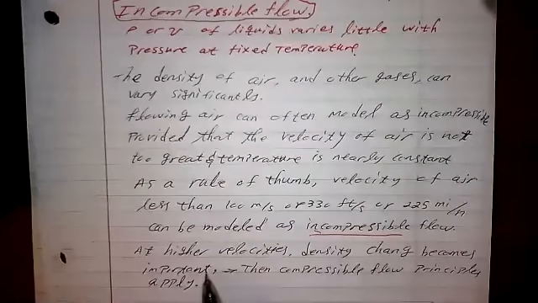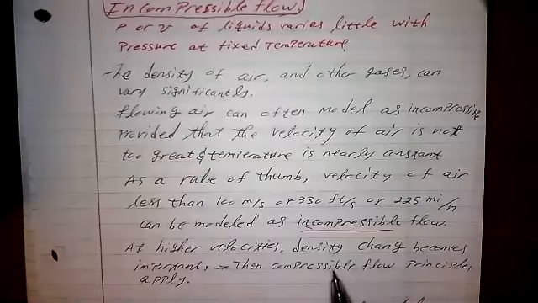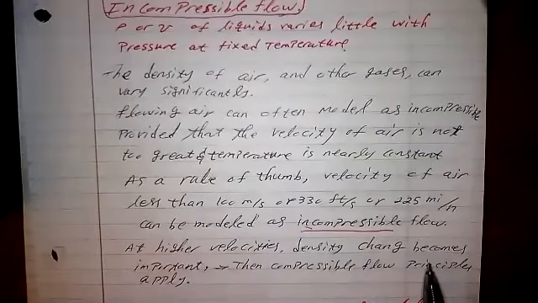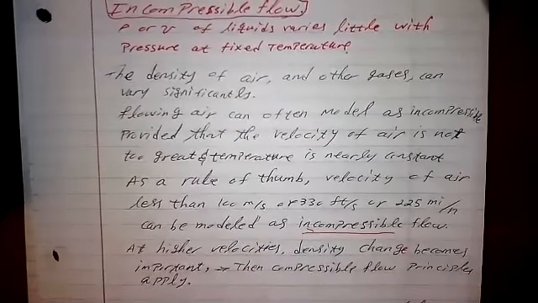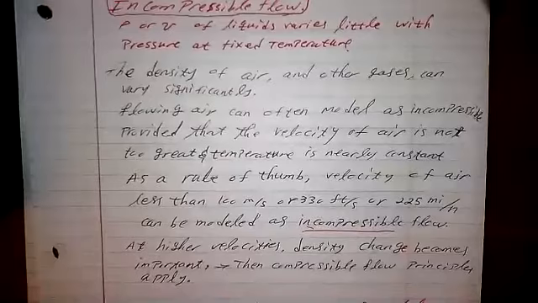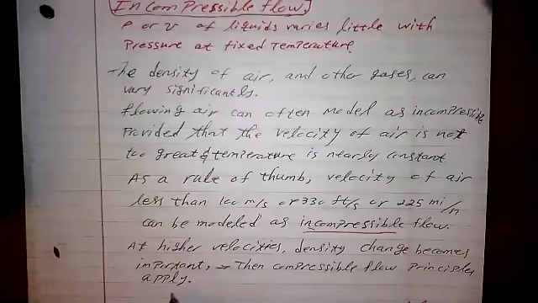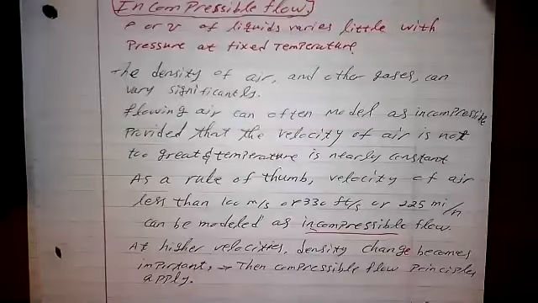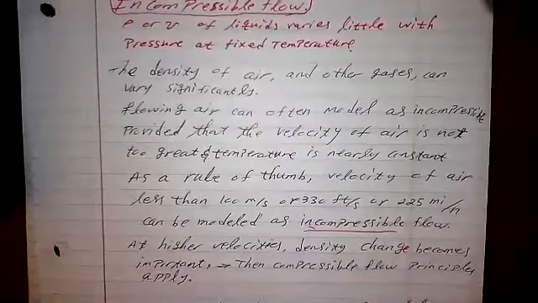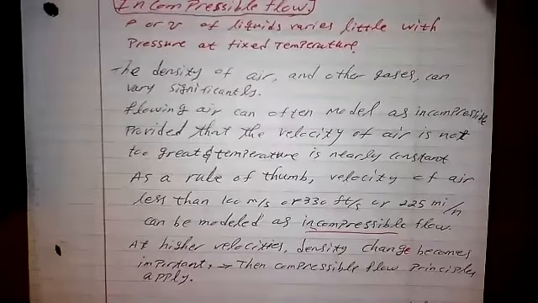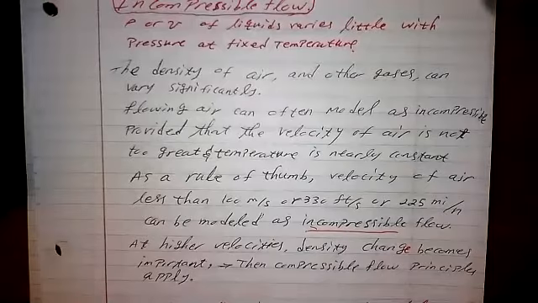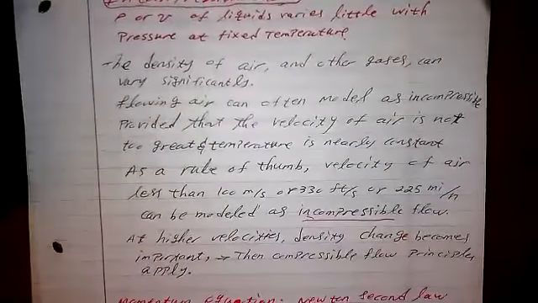At higher velocities, density change becomes important. Then compressible flow principles apply. For incompressible flow, such as water or air at a low velocity and nearly constant temperature, we consider that to be incompressible flow.